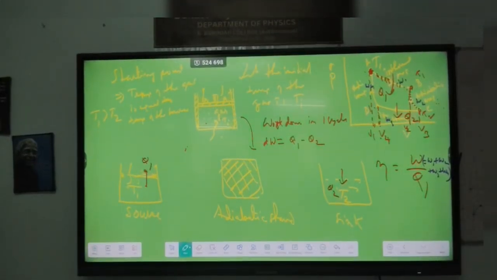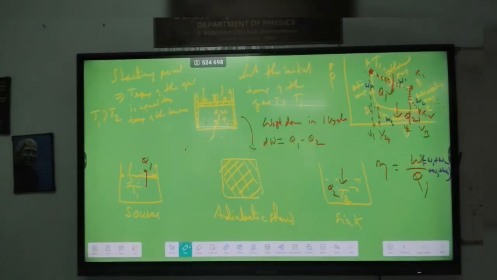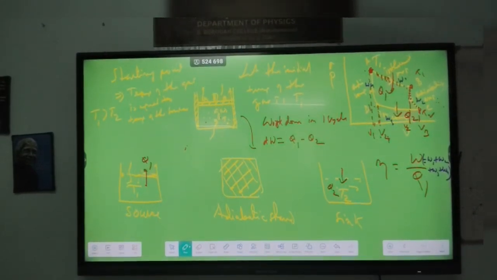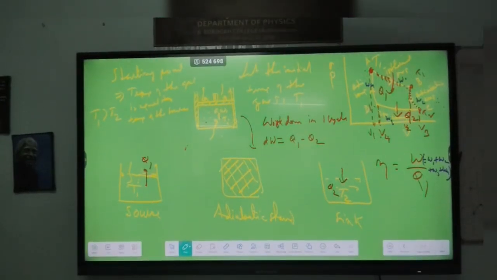But if they are not equal, then I have to say that okay, you proposed that it should have 100%, but it is not 100% efficient. But this is an ideal case. This Carnot engine is an ideal engine. In the ideal case there is no loss, perfect gas, all are reversible processes, everything. Because there is no loss, here we should get 100% efficiency, and all are ideal cases.